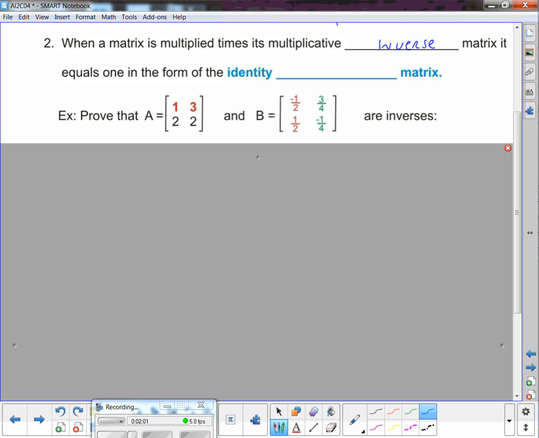So when you multiply a matrix times its multiplicative inverse, then what you end up with is its identity element matrix. This isn't really the purpose of why we're learning this. This is just a sideline to help you understand that it is indeed the inverse.